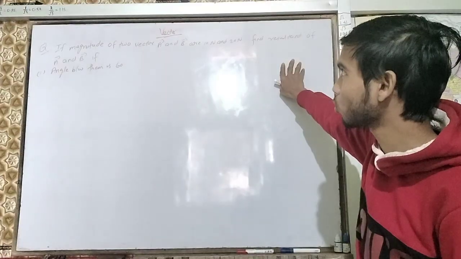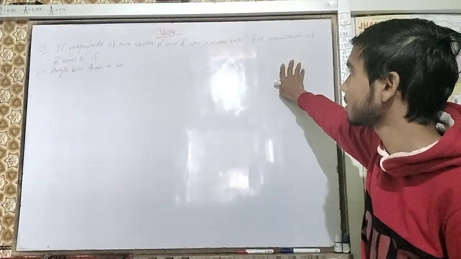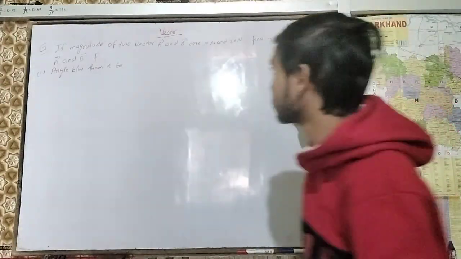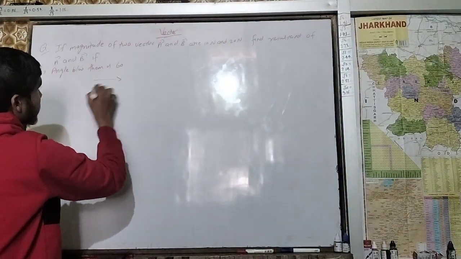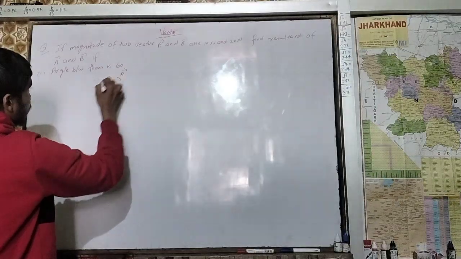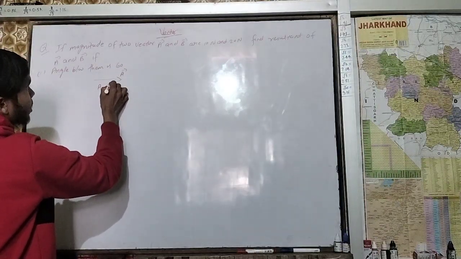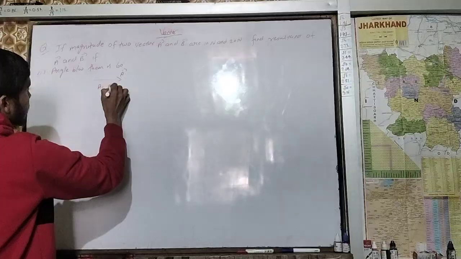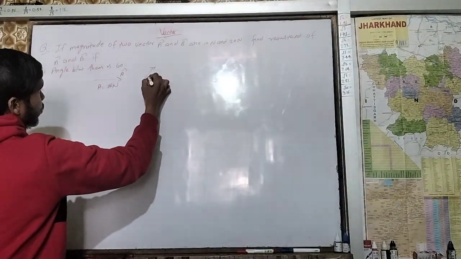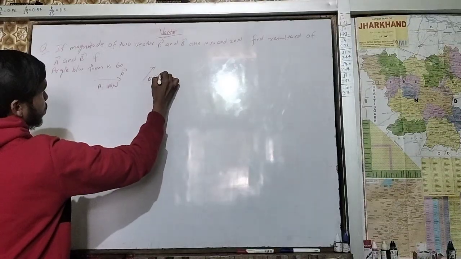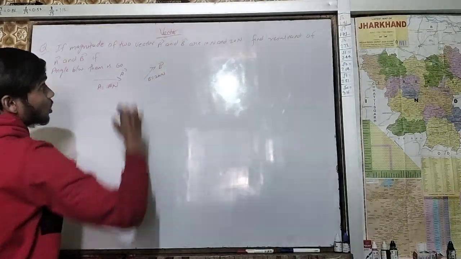So the magnitudes of the two vectors: let's say this is vector A, so the magnitude of A is given, which is 10 Newton, and the magnitude of B is given, which is 20 Newton.